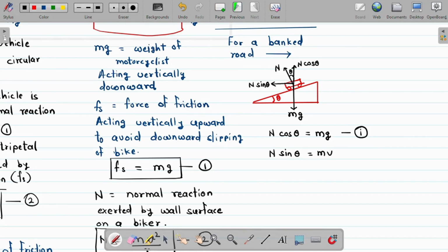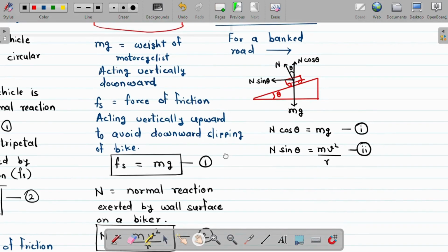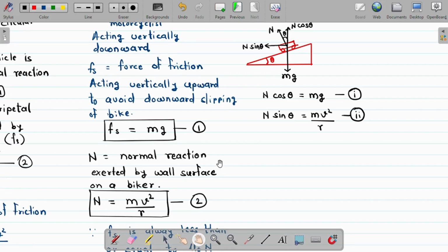So here we have n sin theta providing us mv square by r, that is the necessary centripetal force. We want to find the expression for v, the speed with which the vehicle can be safely driven on a banked road. And here we are neglecting the friction.